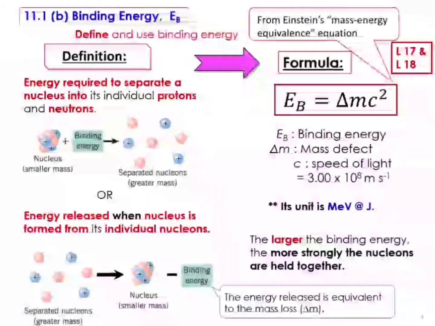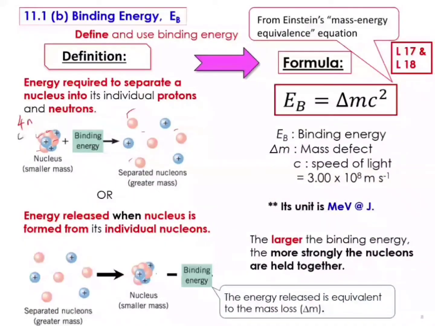The definition of binding energy is the energy required to separate a nucleus into its individual protons and neutrons. So how many do we have here? 1, 2, 3 neutrons and 3 protons. The combination of 3 protons and 3 neutrons becomes the nucleus. There is a binding energy that holds it together. Now we want to separate it, so 1, 2, 3, 4. Earlier, the nucleus had 4 neutrons and 4 protons. So this combination has a binding energy.